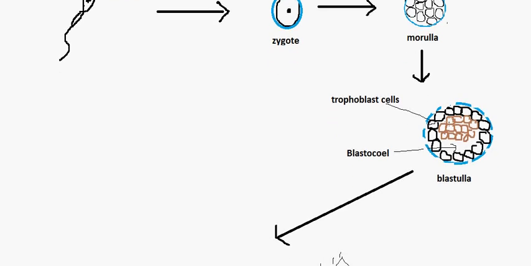The outer layer is called the trophoblast layer of cells, and the inner cell mass is called that because it is inside the trophoblast layer and is a mass of undifferentiated cells. The inner cell mass is very useful in stem cell therapy and is very pluripotent, so it can develop into anything, and it is only going to develop into our embryo. So we will focus on this inner cell mass.